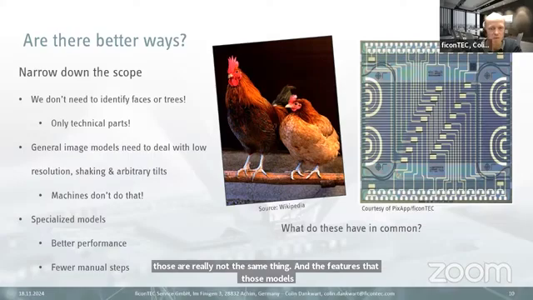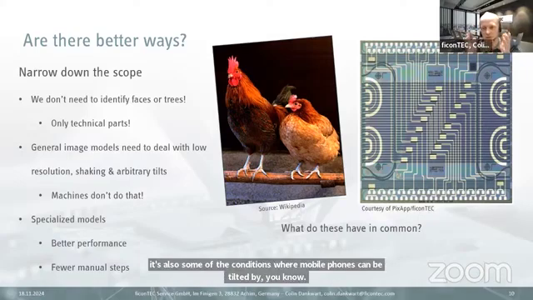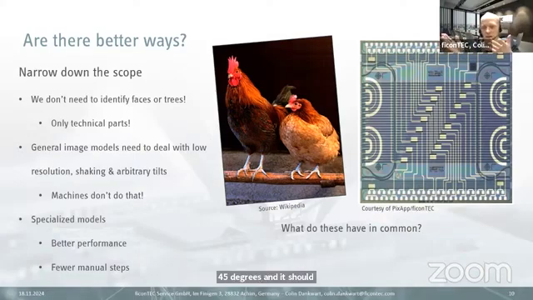And so, yeah, what we found is that not only is the neural network probably not optimal, but it's also designed for conditions where mobile phones can be tilted by 45 degrees, and it should still identify it as a chicken. However, on a machine, you don't arbitrarily tilt your images by that amount.